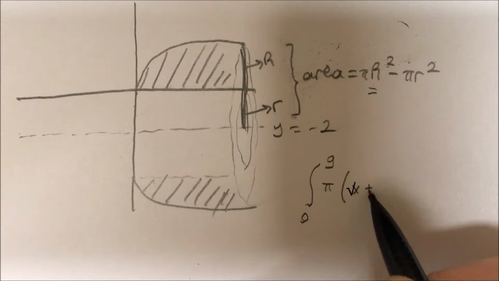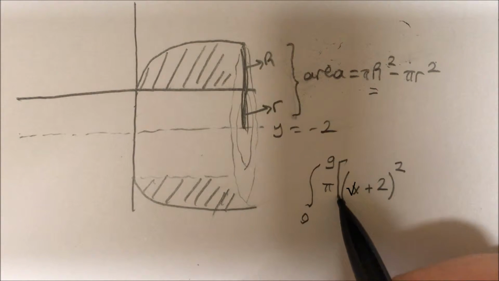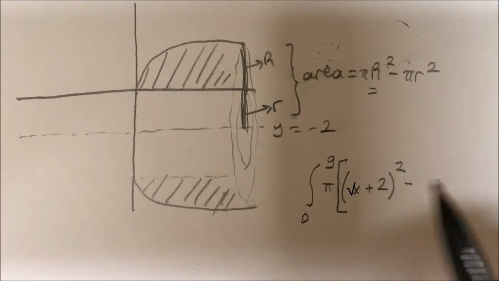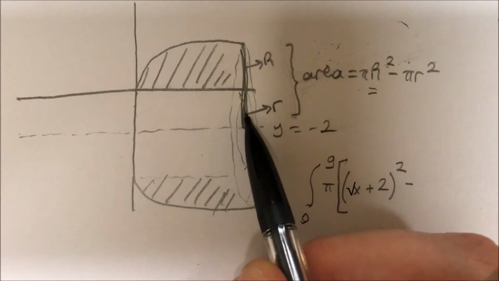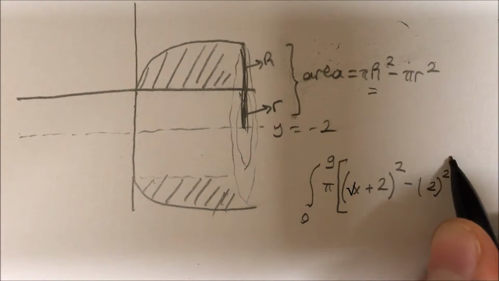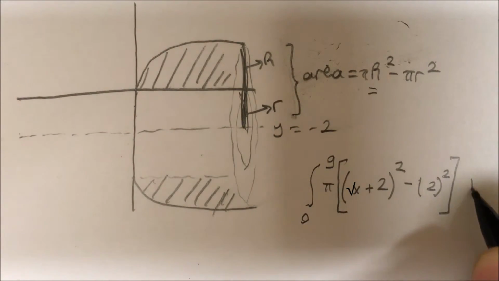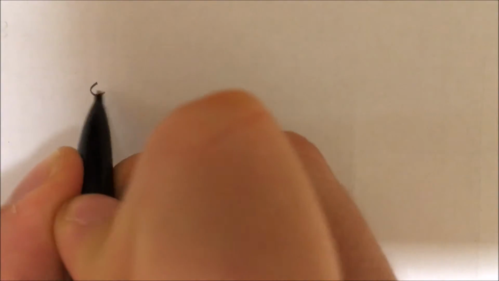So the big R is equal to 2 plus the y values, and since the y values are equal to root x, we say root x plus 2. And then the small r is equal to 2 itself. So our equation becomes pi times ((root x + 2) squared minus 4) dx in the integral from 0 to 9.